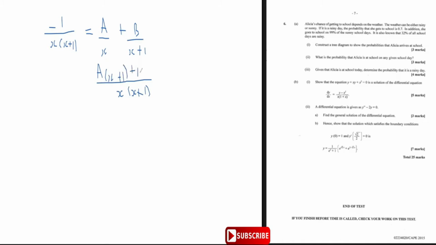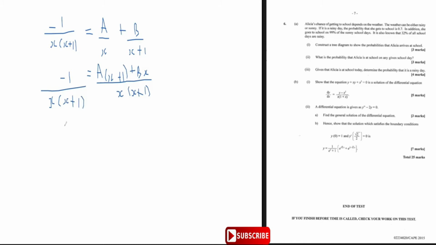That's equal to negative 1. This is a lot of work for 5 marks. A lot of work. So that's minus 1 over x times x plus 1. All right, so this is what we have. Good. Now, all we need to do is solve for a and solve for b.